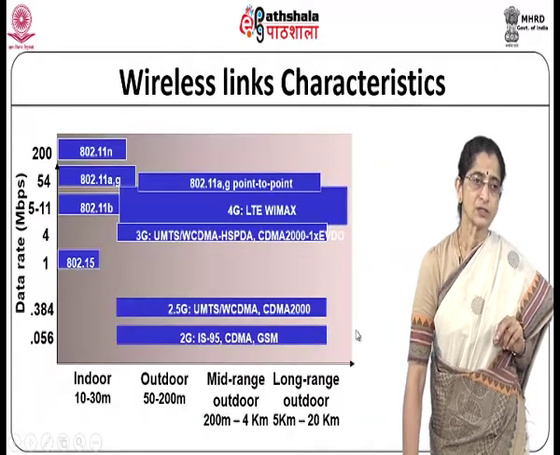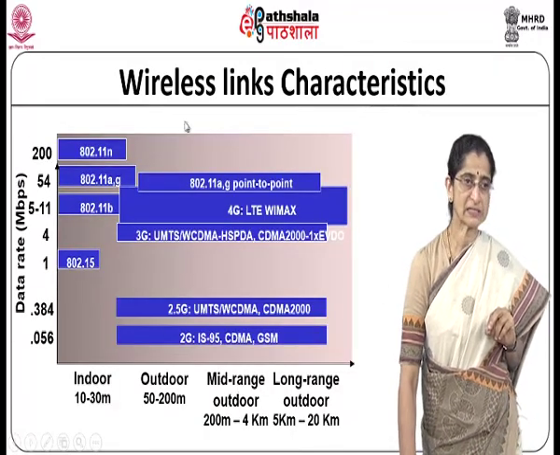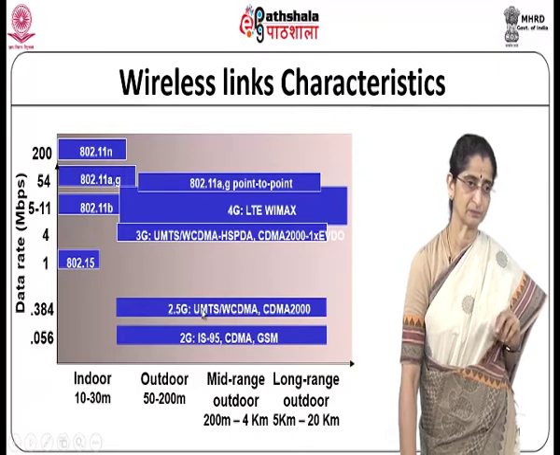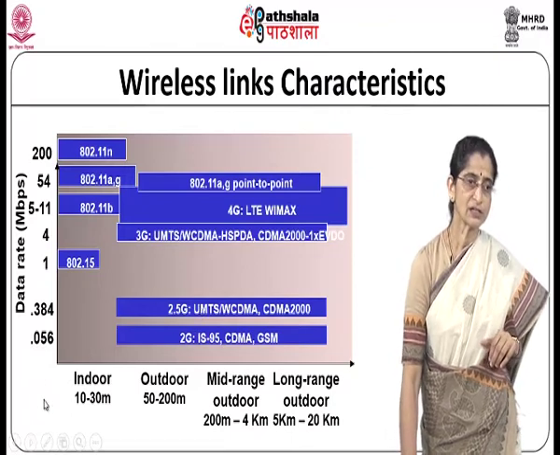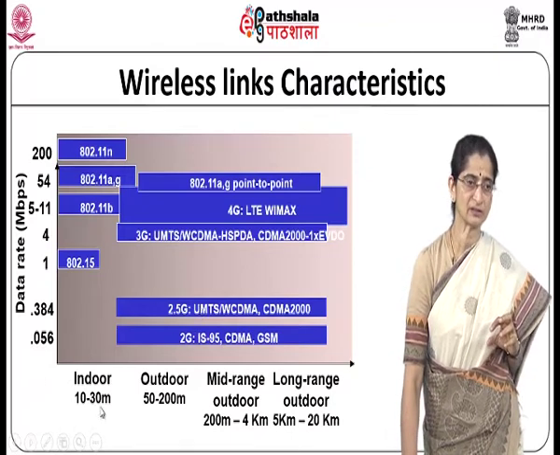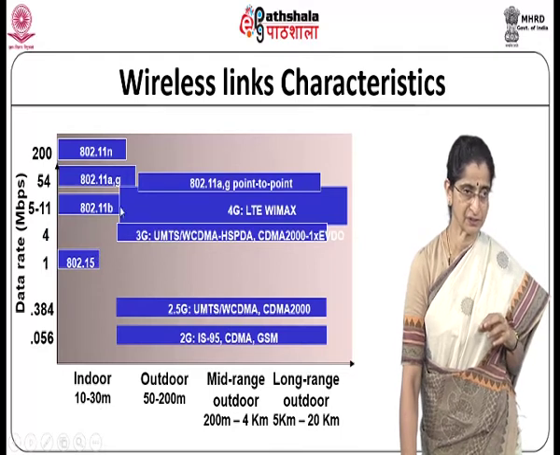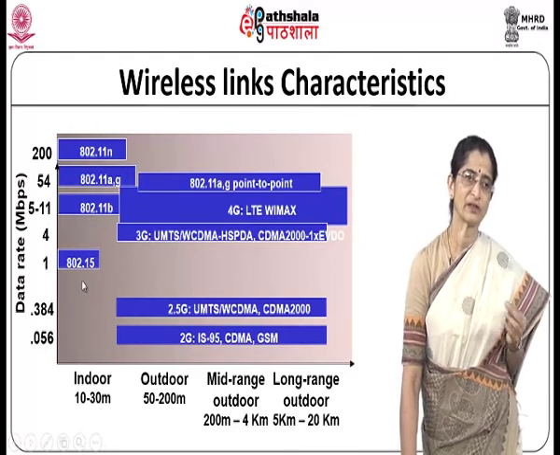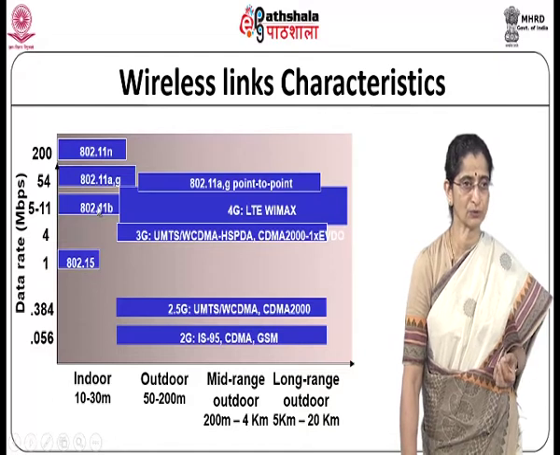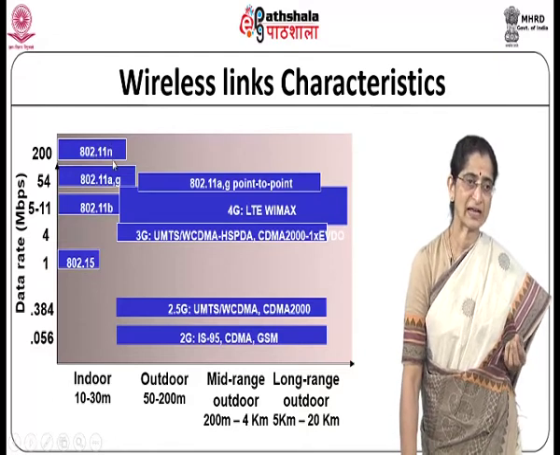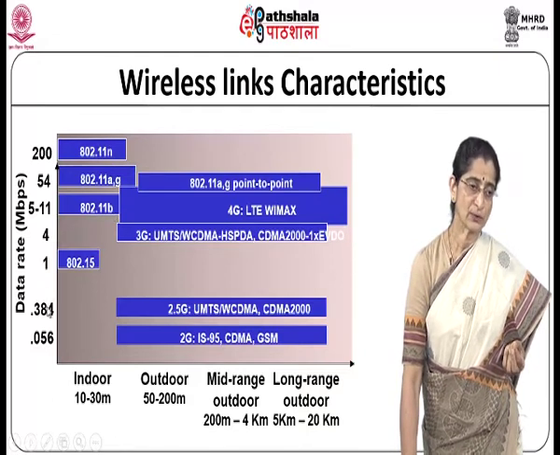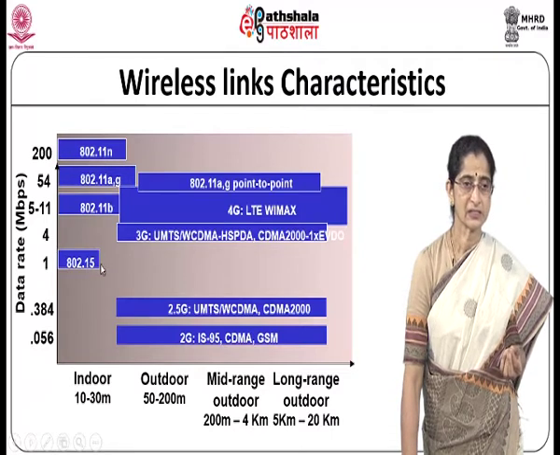In general, this is placing the wireless link characteristics on a comparative scale. You can see that for indoor, 10 to 30 meters, we have different protocols used for that range. You have the 802.15, which is the Zigbee protocol. Then you have 802.11 n, a, g, b and so on, and you can see that they support different data rates.